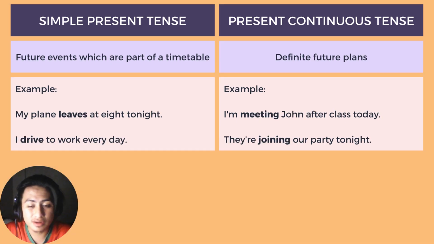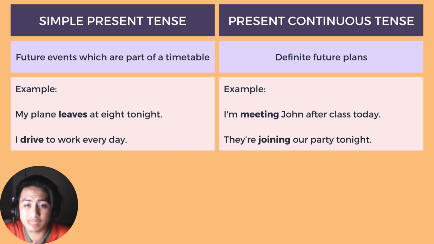Okay, so for the last one, simple present tense, we use it to describe future events which are part of a timetable. So it's like describing something that is scheduled. Next is present continuous tense, which is used to describe definite future plans, which shows that it is definitely going to happen. Alright.